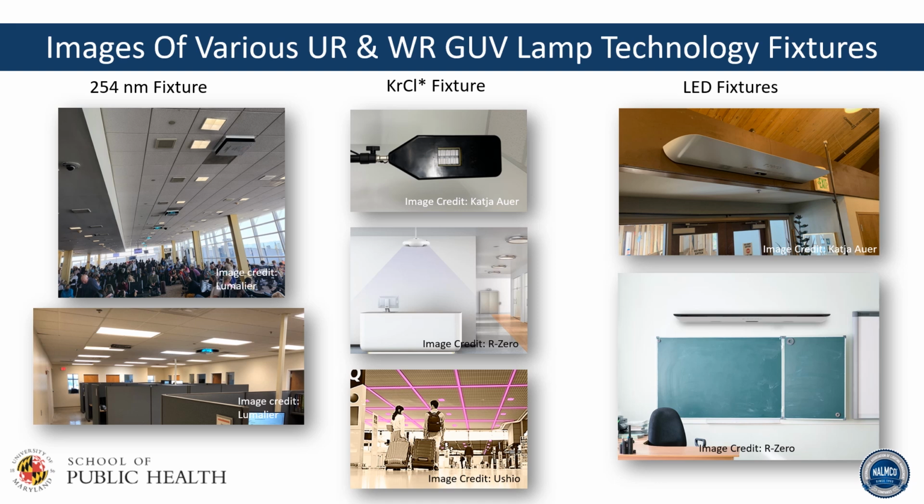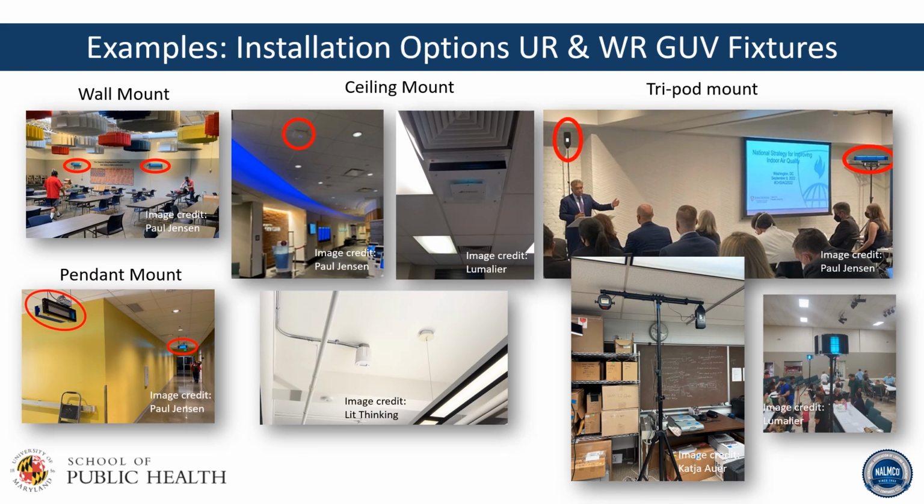And you can see that they vary in size and they have, again, depending on the lamp they contain, different housings. There are many different installation options for upper room and whole room GUV fixtures. These images show various mounting mechanisms, including wall mounting, pendant mounts, ceiling mounts, and tripods.